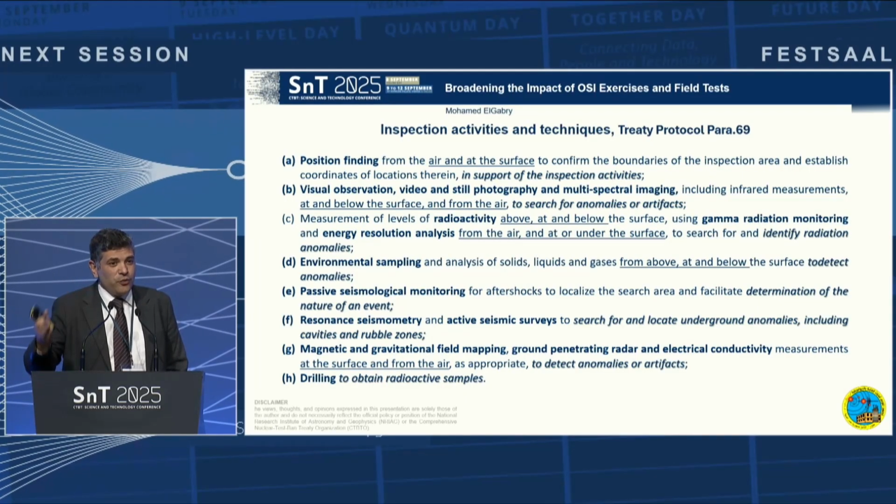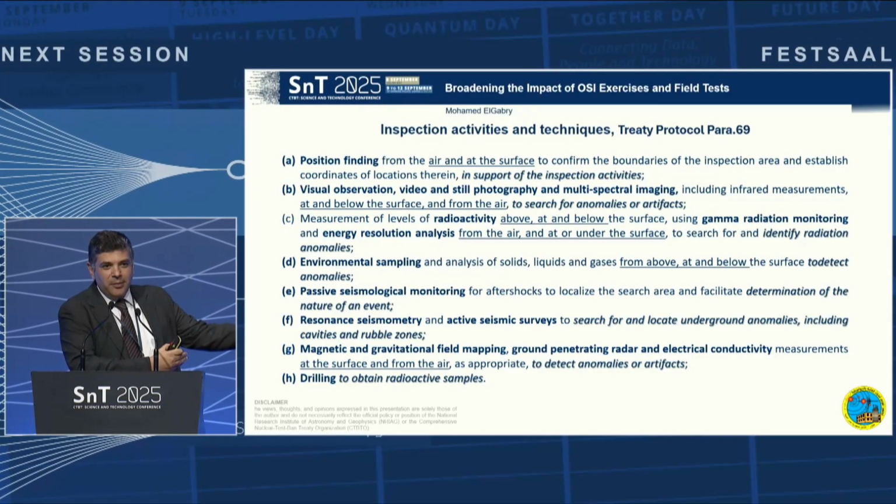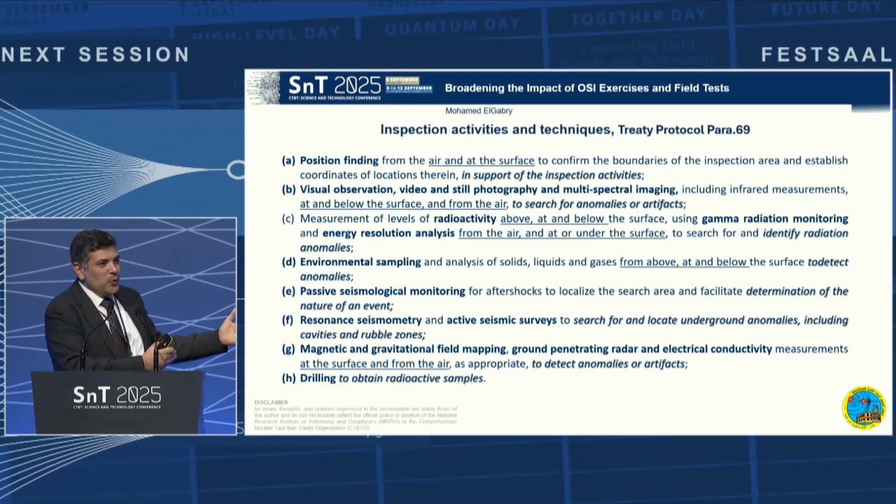So we have a lot of techniques, we have a lot of data, and we need to process it to take decisions and to write reports. And these reports, which are written in the field under this tight timeline, have to be of very high quality because they will be peer-reviewed by member states.